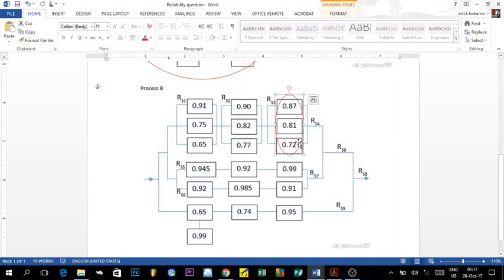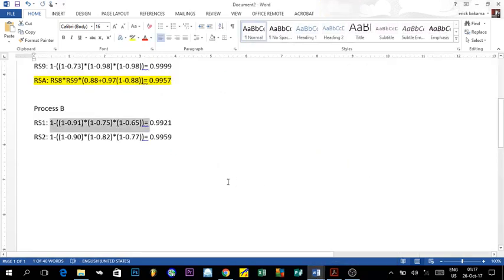RS3 is here. Same principle, 3 components, 0.878172. So this one is RS3. How many components? 3. So the first component is 1 minus 0.87, I think.